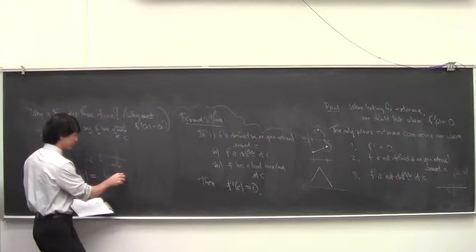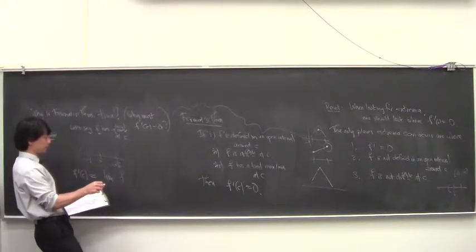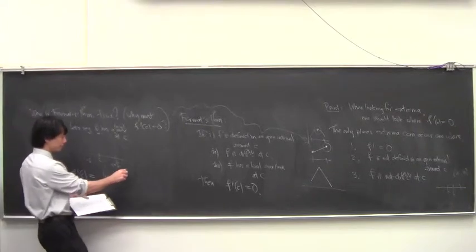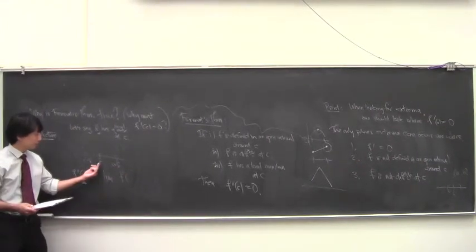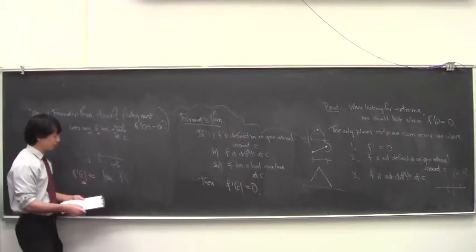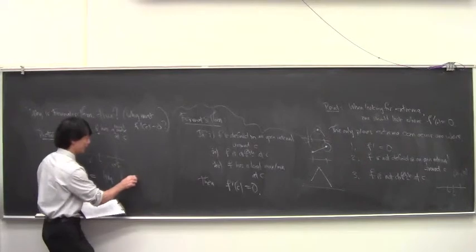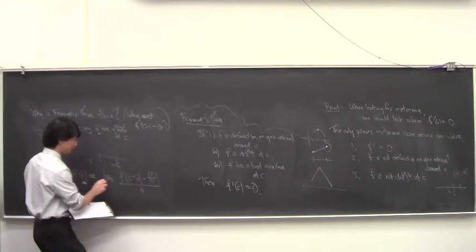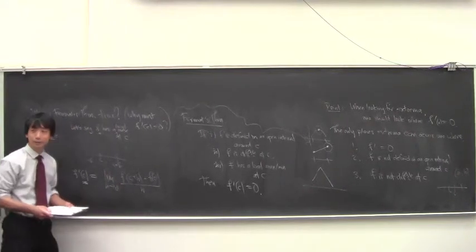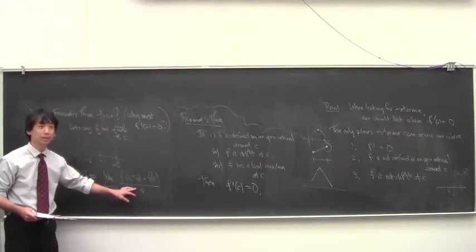The limit of f of b minus f of a over b minus a. Well, we're taking c, so let's remember: f of c plus h minus f of c over h, right?